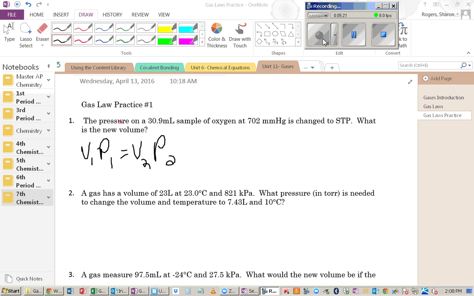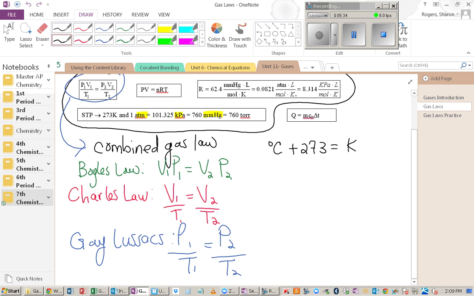V1 times P1 is equal to V2 times P2. So, V1, 30.9 milliliters. P1, 702 mmHg, is changed to STP. What is STP? STP is standard temperature and pressure. If I just said, what's standard temperature? You would say 273 Kelvin. Kelvin is a unit of temperature, and that is standard temperature.